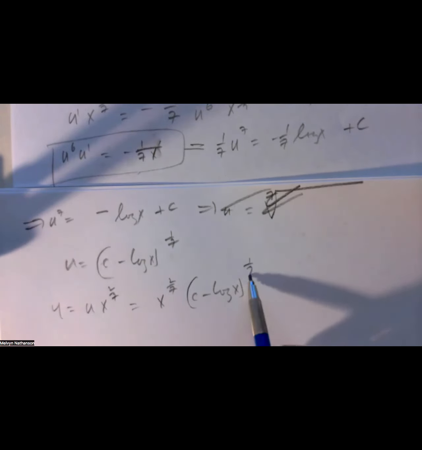And y was equal to x to the 2/7 times u. So we get x to the 2/7 times c minus log x to the 1/7 power. And that is the solution of the Bernoulli equation.